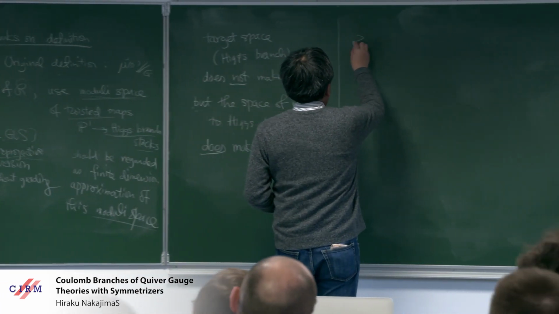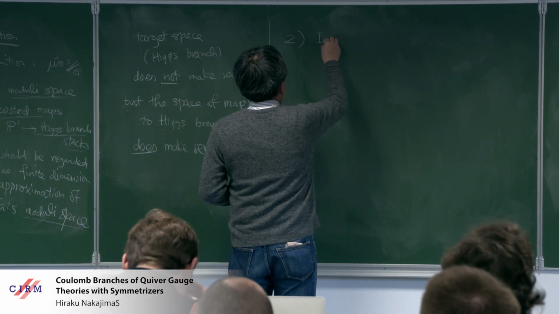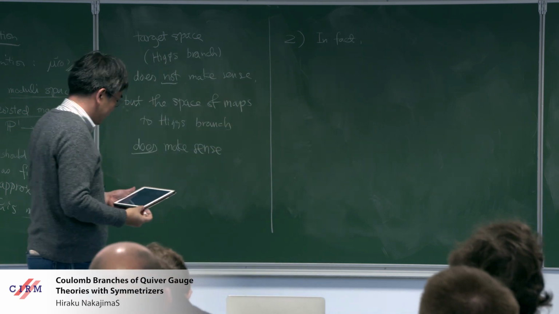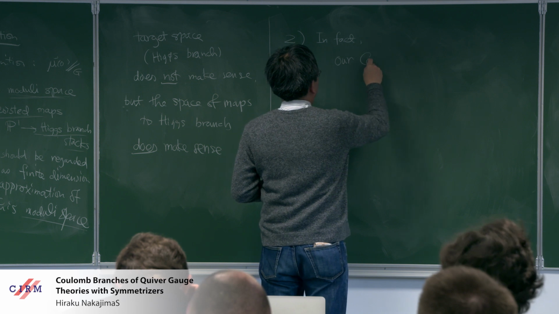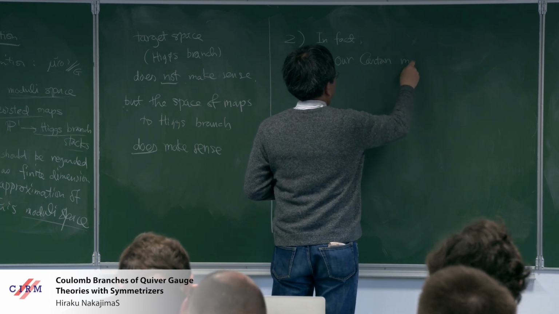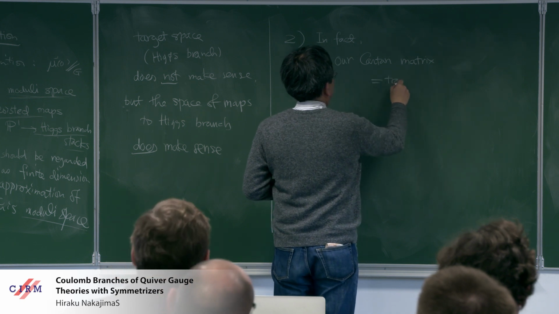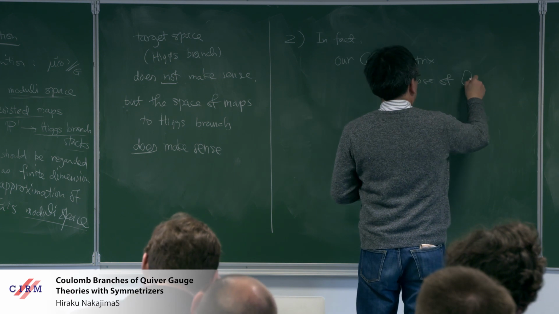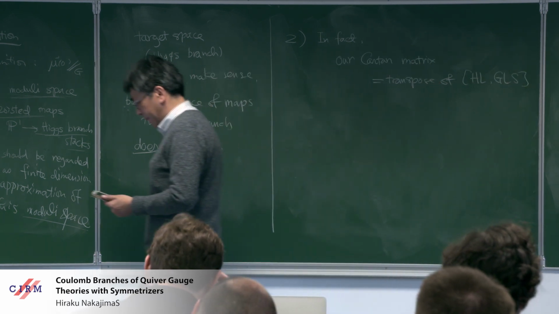And the second remark: if you read what I wrote very carefully, this is our Cartan matrix. If you compare the relation, it is in fact the transpose of this, and the affine Grassmannian.